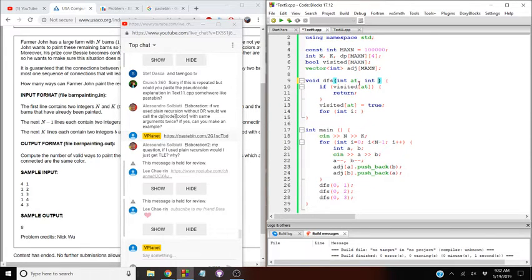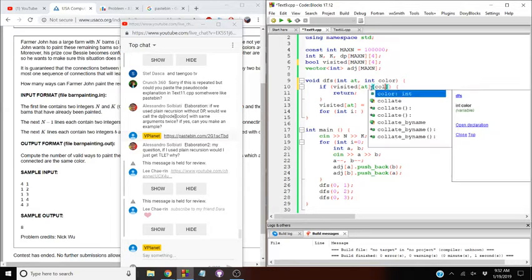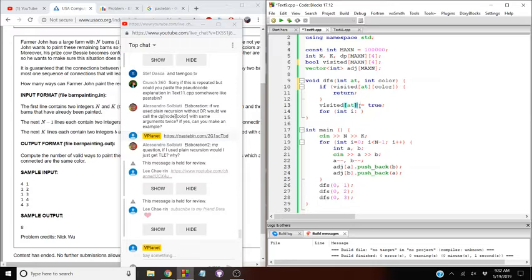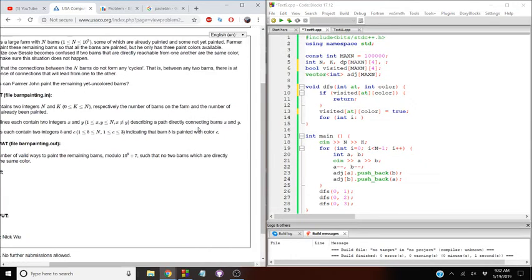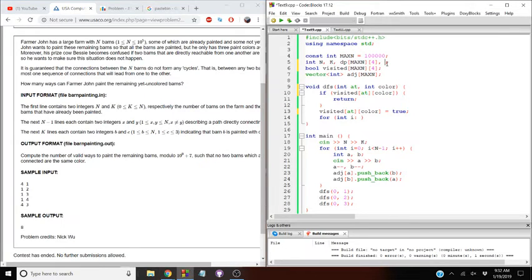Okay. So your equation and your color. Oh yeah, and the visited also needs to include color. The next thing we need is to read in the input for whether a barn is already painted.